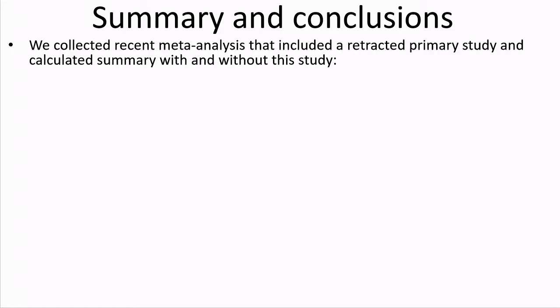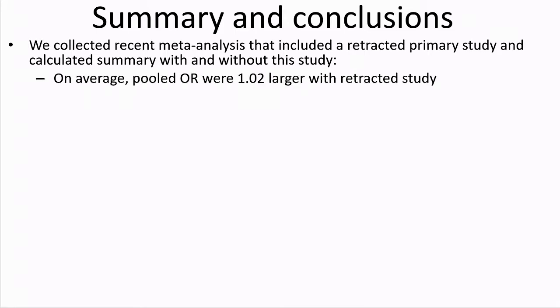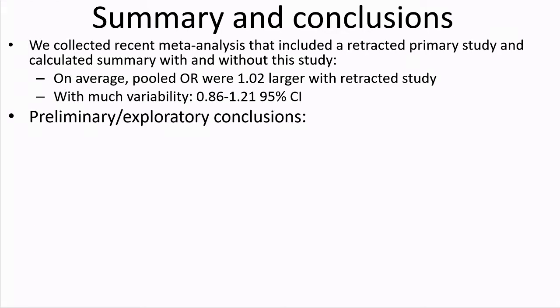And so, just to quickly summarize the study, we collected this, for now, small pool of meta-analyses and looked at whether removing the retracted paper made a difference. The results are that, on average, across these studies, we cannot pick a statistically significant direction of effects, because there is, again, quite a remarkable variability in what specifically happens.